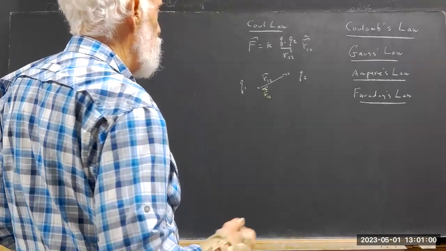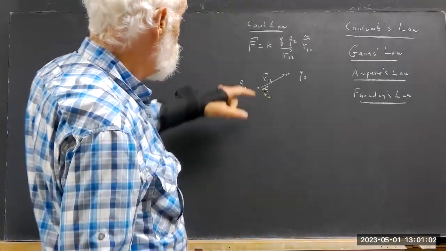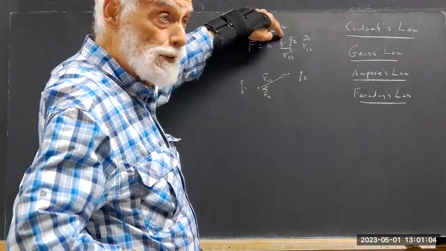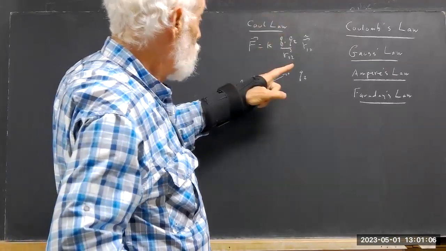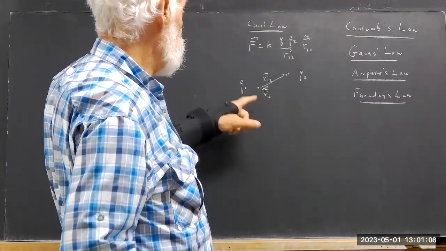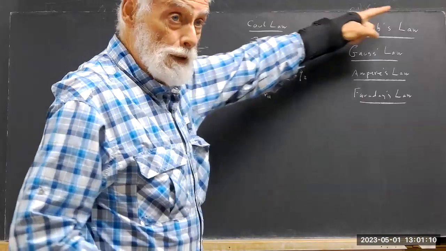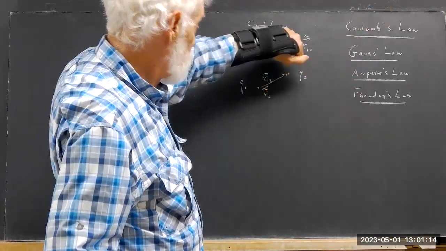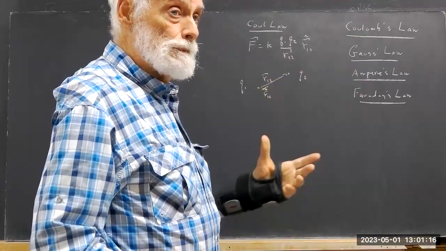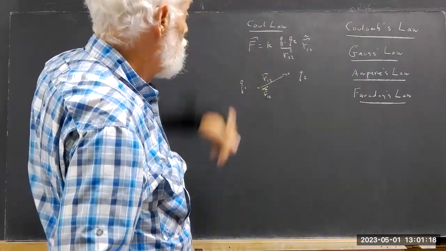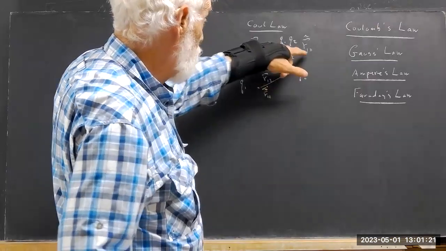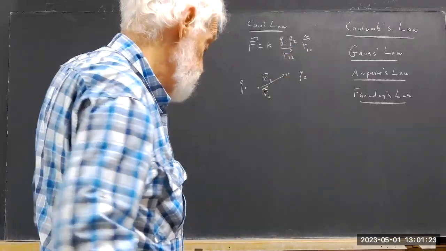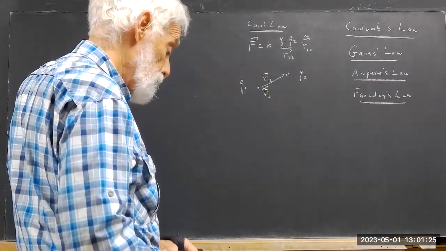And then you have the force. If the two charges are both positive, this is going to be a positive product, so the force exerted by Q1 on Q2 is in that direction. If Q1 and Q2 are opposite charge, it's going to be a force of attraction in the direction opposite to that. That's very simple, that's the basis.